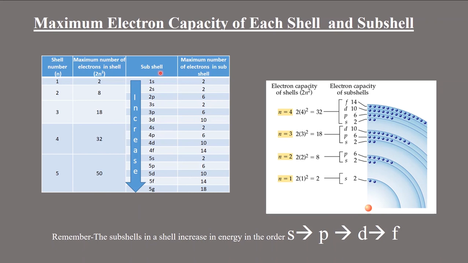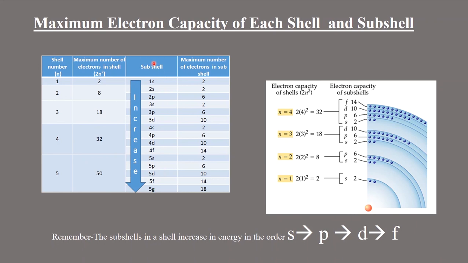The number of subshells within a shell is equal to the shell number. For instance, the first shell will have 1 subshell, the second shell will have 2 subshells, the third shell will have 3 subshells, fourth shell will have 4 subshells, and fifth shell will have 5 subshells.